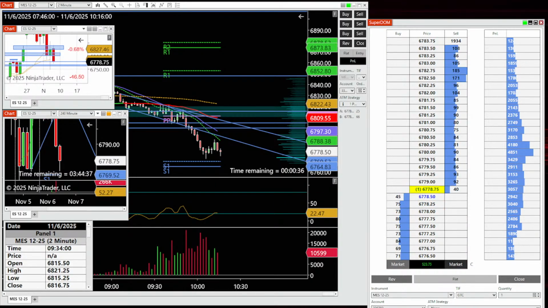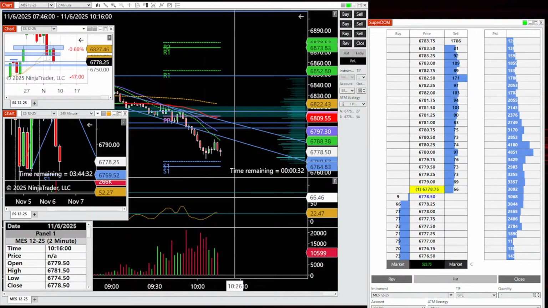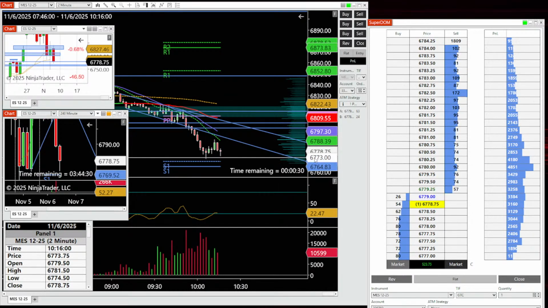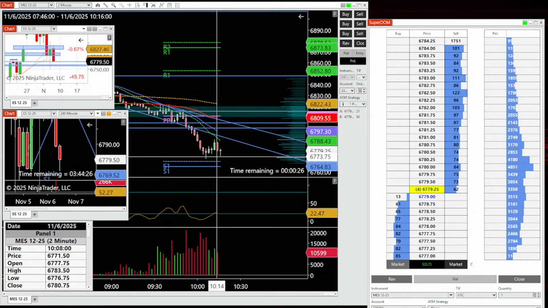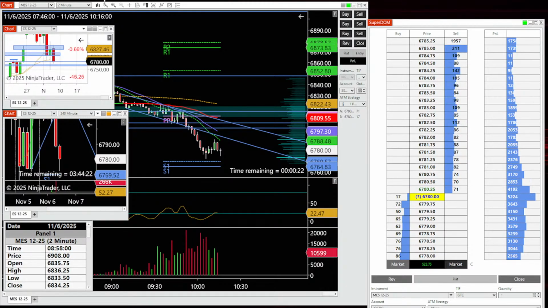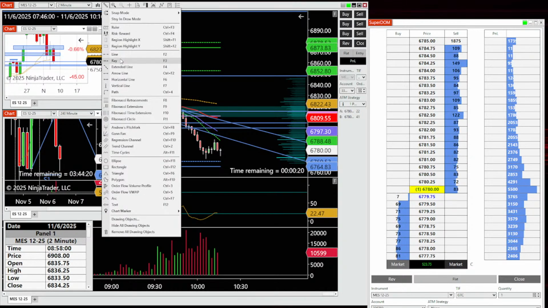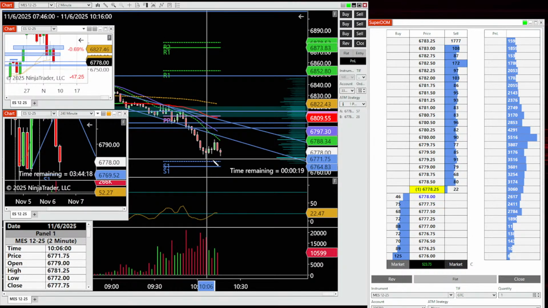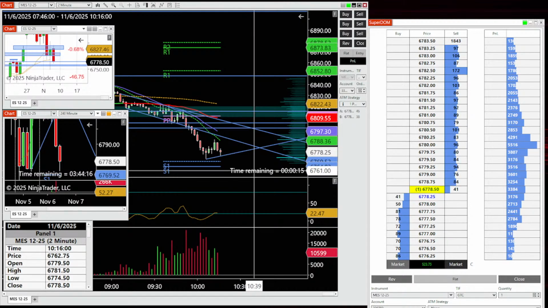Okay, the 15-minute bar is turning green, red to green. Turning red to green, and then made a lower high. So right now we made lower highs. First time we made a lower high.